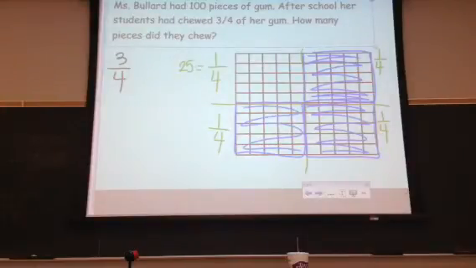Okay, so now we've got our fraction shown here, but we need to find the value of what 3/4 is. And we have 1/4, which is 25. So we're going to add or multiply 25 3 times. So 25 plus 25. These are 2/4. 5 plus 5 is 0 in the ones place, and regroup 1 10 long. 2 plus 2 is 4, with another 10 long is 5.